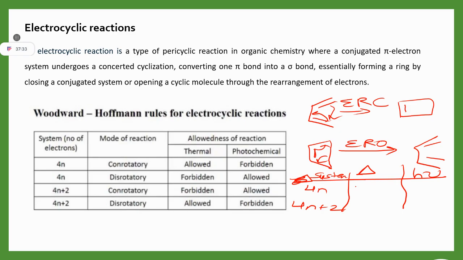Psi 2. When psi 2 was HOMO, the orbital sign was different, correct? To have constructive overlap, they should move in conrotatory fashion. And in photochemical case or light case, they should move in disrotatory, because for butadiene psi 3 was HOMO, correct?